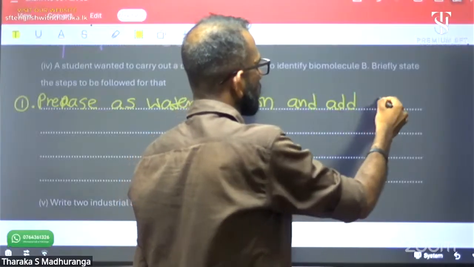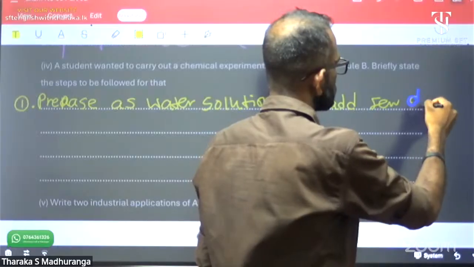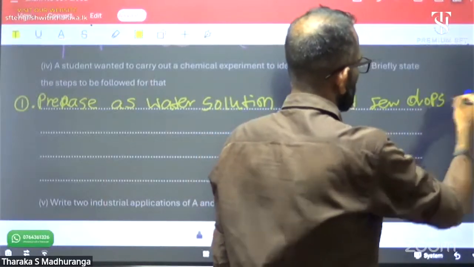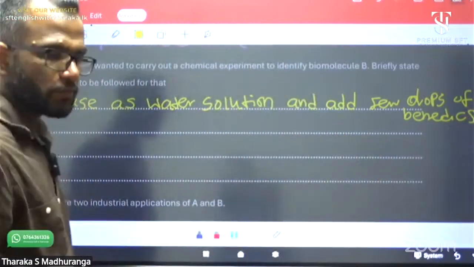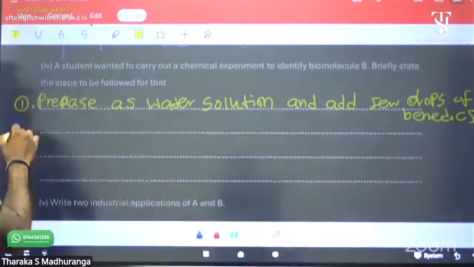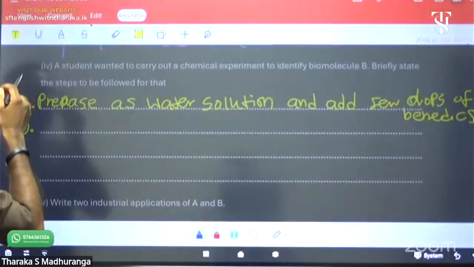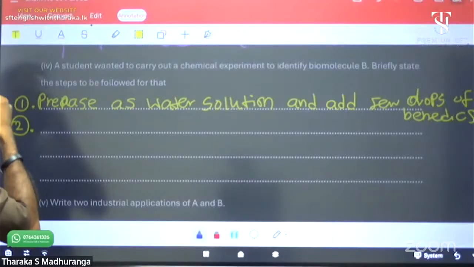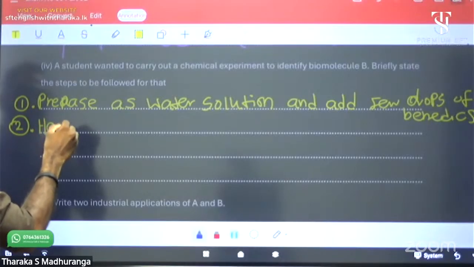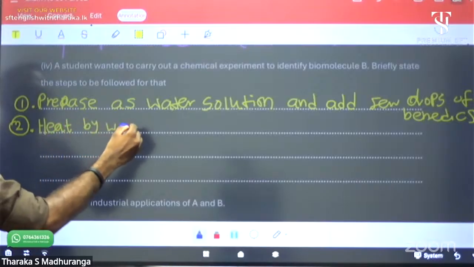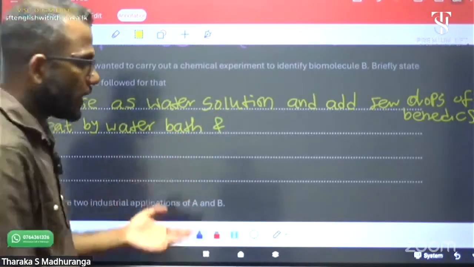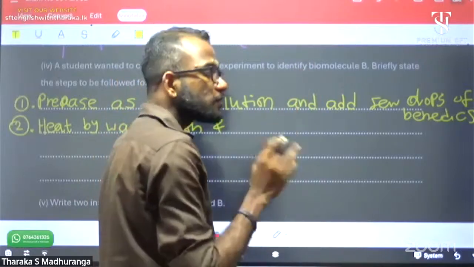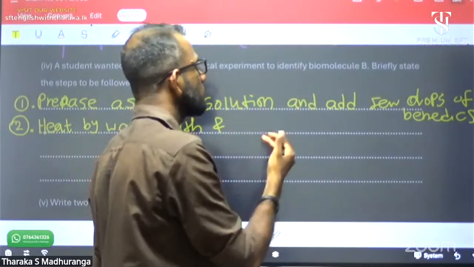Add a few drops of Benedict's solution. Second step, heat by water bath, and if there is any color change, that is a simple reducing sugar. Simple reducing sugar identification. Then we have more steps.